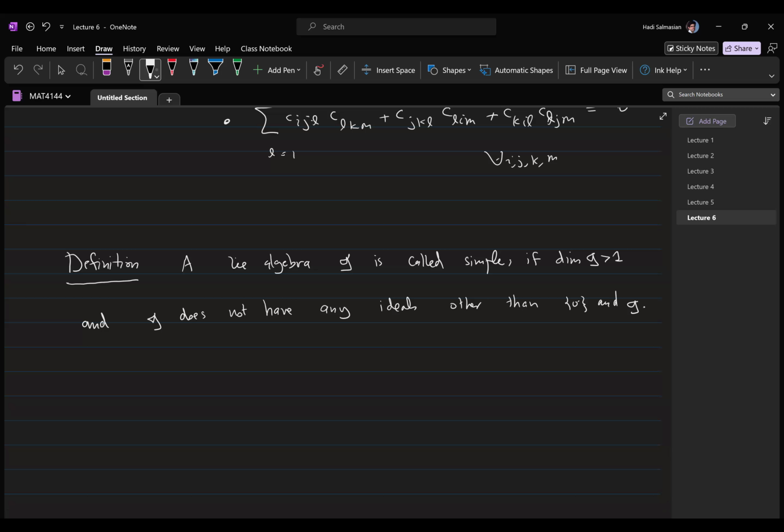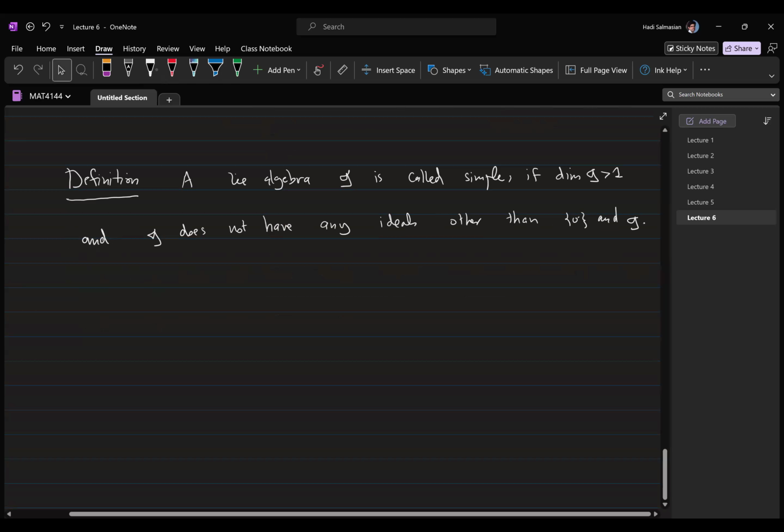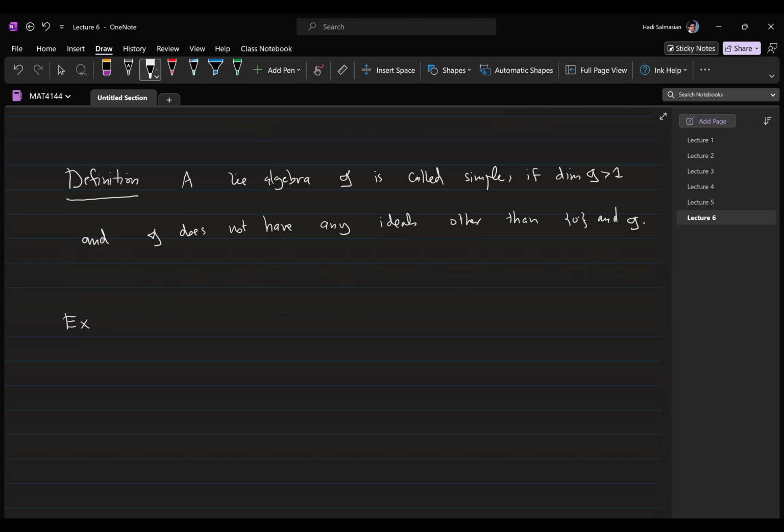It will just make a nice classification ugly. Basically, all papers on simple Lie algebras and simple Lie groups would have to say if G is a simple Lie algebra other than the one-dimensional. So just to save some ink and paper, we exclude this guy.